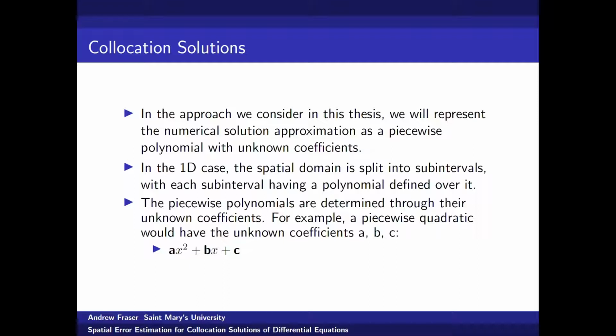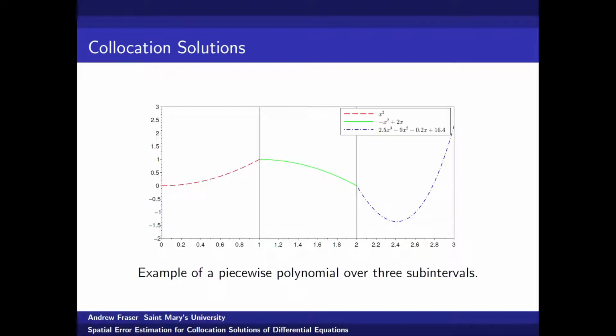The two-dimensional cases are split into subrectangles. And these piecewise polynomials are determined through their unknown coefficients. For example, a piecewise quadratic would have the unknown coefficients a, b, and c as seen here. And here we have just a quick example of a piecewise polynomial.